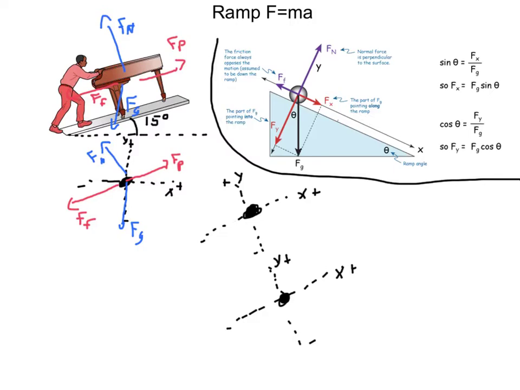But then we've got to do a little bit of math to get this angle here, and that's not terrible. But check this out. I've got 1, 2, 3 vectors that I'm going to have to divide into components whenever I have an object on a ramp or on any tilted surface. Three vectors divided into components is a little crazy. Whenever I have force of gravity, that's the only one on the XY axis.